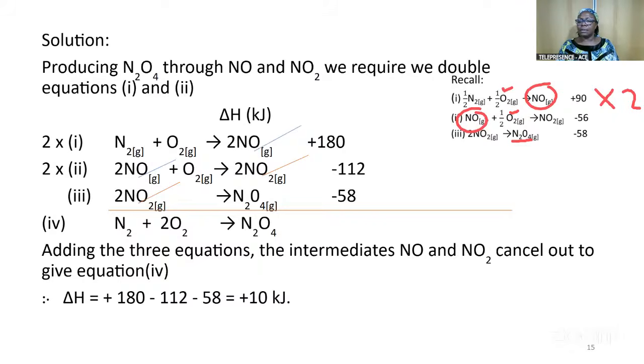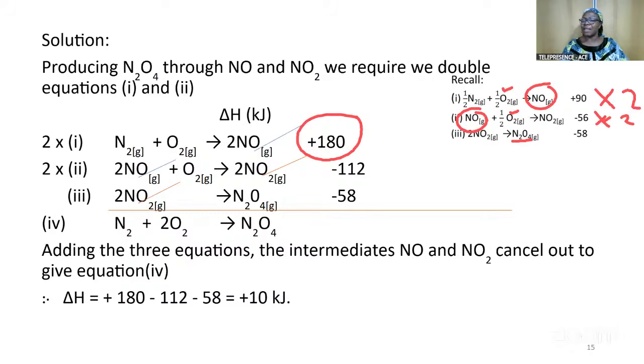And if we multiply that step by 2, we will still need another step to be multiplied for us to have a whole number that will give us 2. So if we multiply this by 2, then we will have this new value for delta H. Because we have multiplied step 1 by 2, it's not only the coefficient of the reactions that we multiply by 2, we also multiply delta H by 2, and that is how we get 180, still positive.